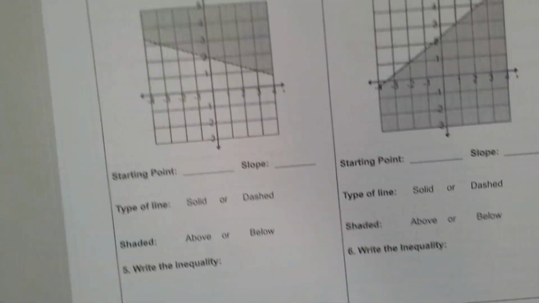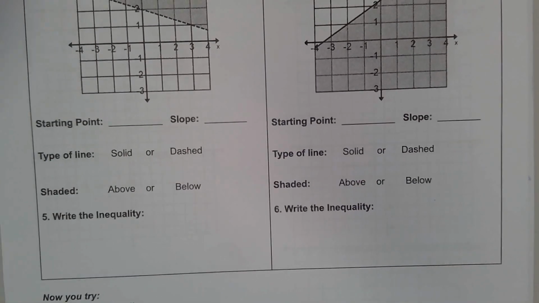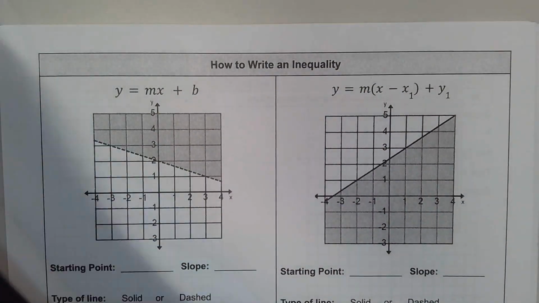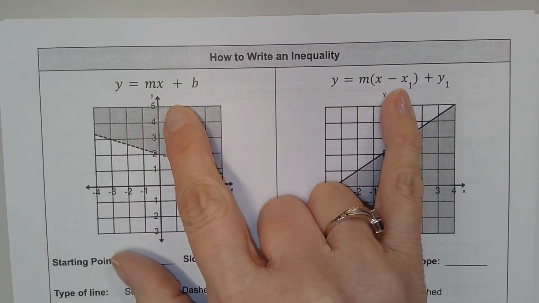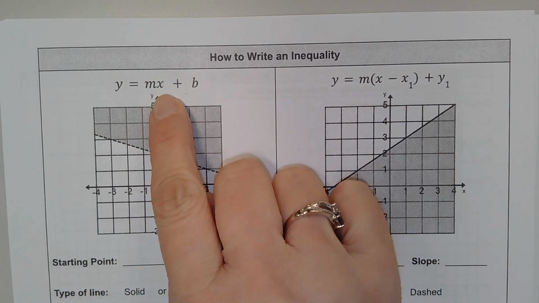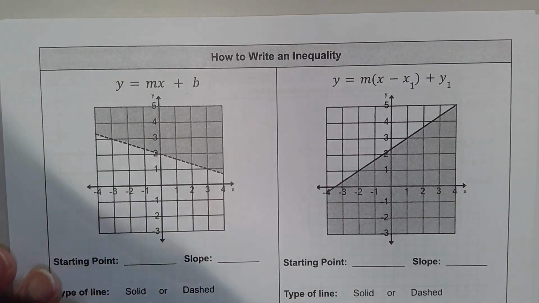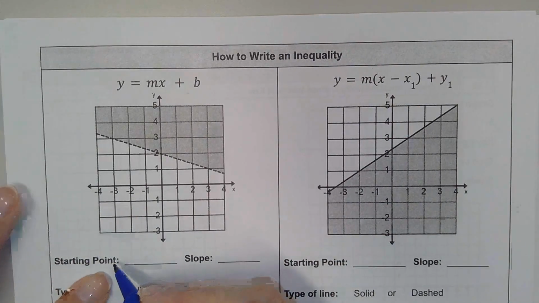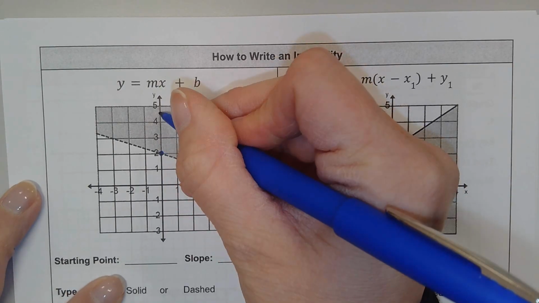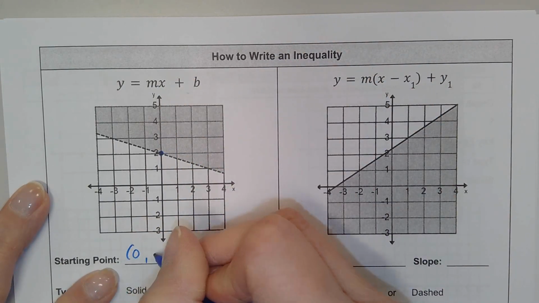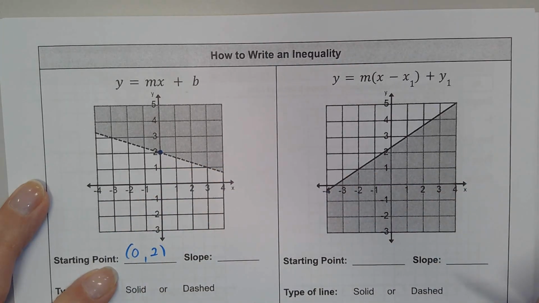Okay. After you get good at graphing inequalities, we have to learn how to write them. There's 2 ways to write lines: slope-intercept or point-slope. So let's do one of each. Okay. A starting point. If you can find one on the y-axis, we always use the y-intercept.